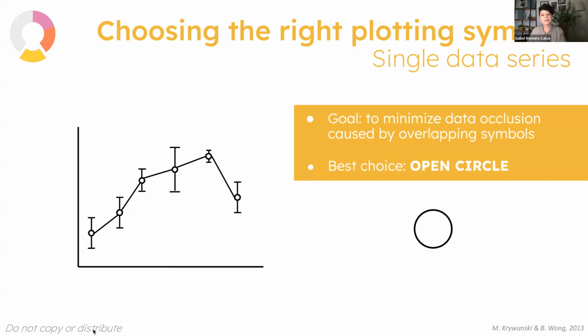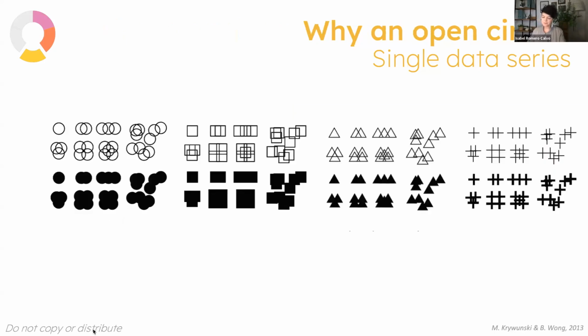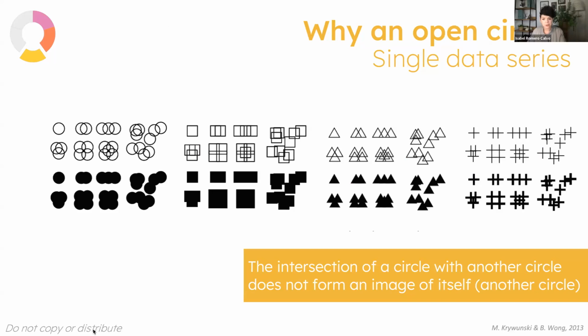And why is this the best symbol that we can use? We could use something else, right? We could use squares, triangles. We could use any type of cross. We could use anything. But it's very fun to see how the intersection of a circle with another circle doesn't create an image of itself. If you pay attention to all the overlapping that is happening on the screen between circles, you get this kind of fun inverted eye shape if you overlap two circles, but there is no creation of a third one, right?